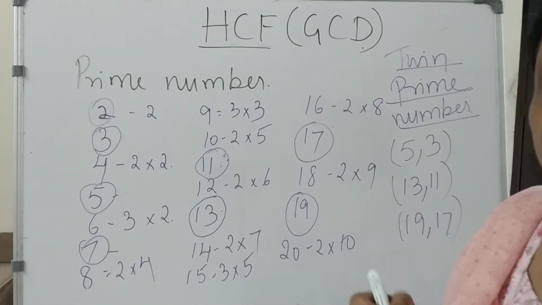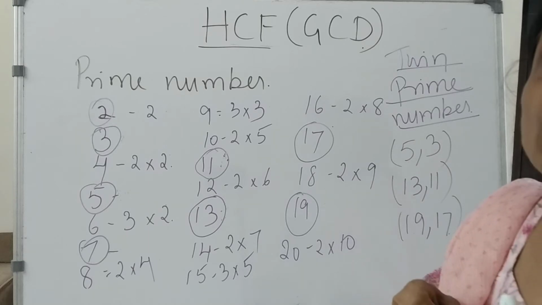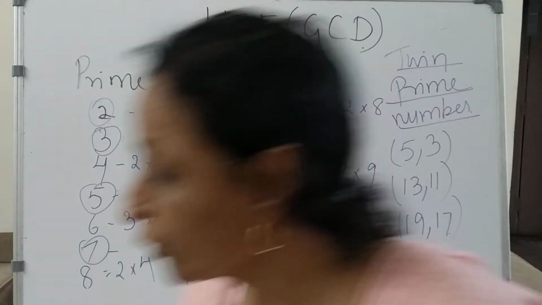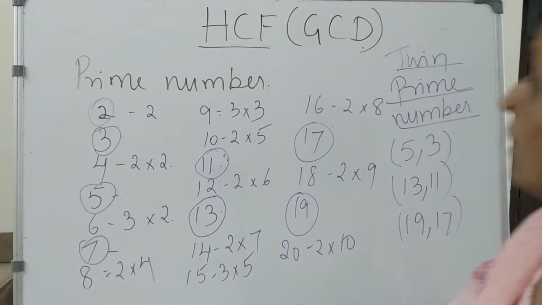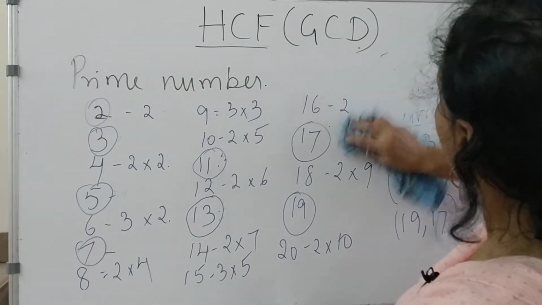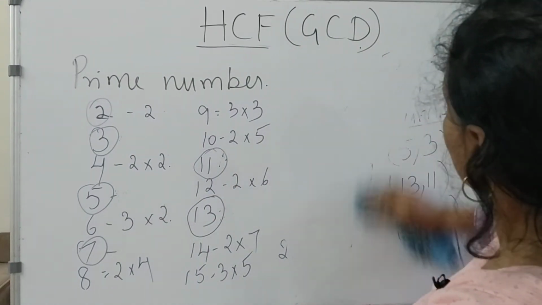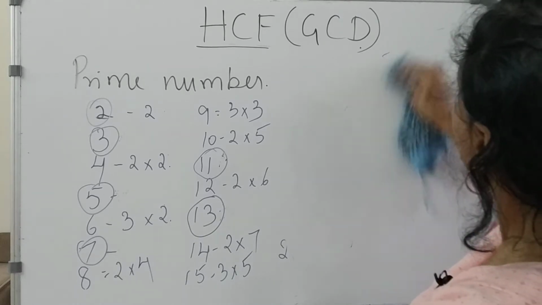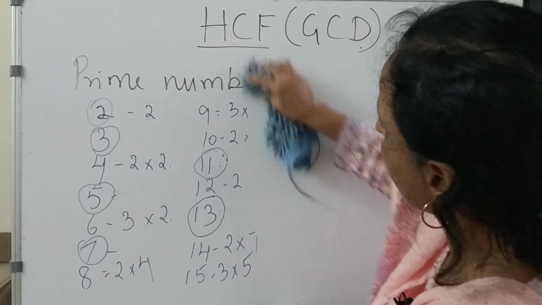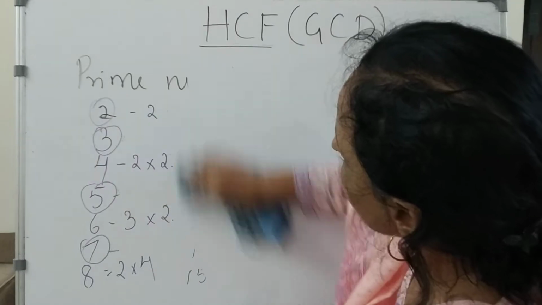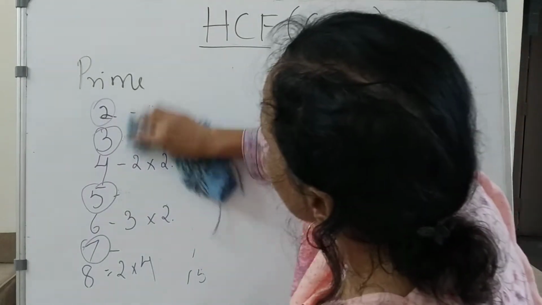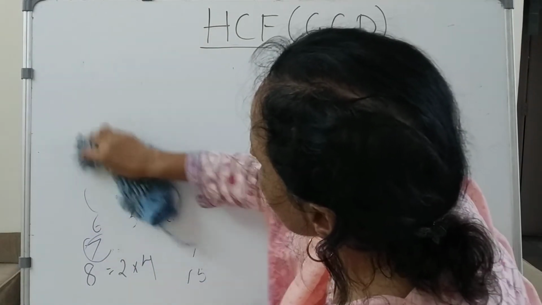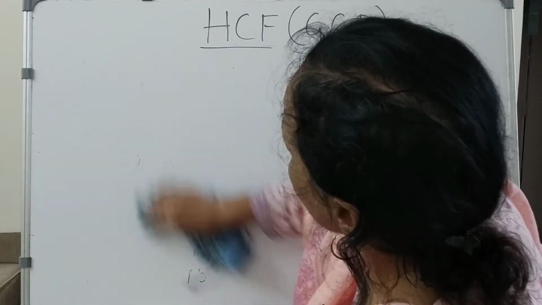Now next you will be learning what is coprime. So let us study what is coprime. Coprime numbers are not prime numbers, they are composite numbers, but still they do not have anything in common.